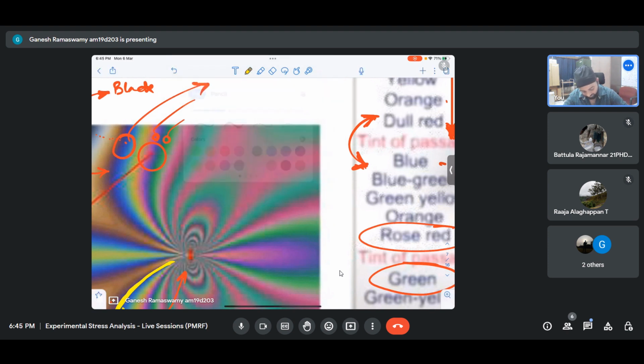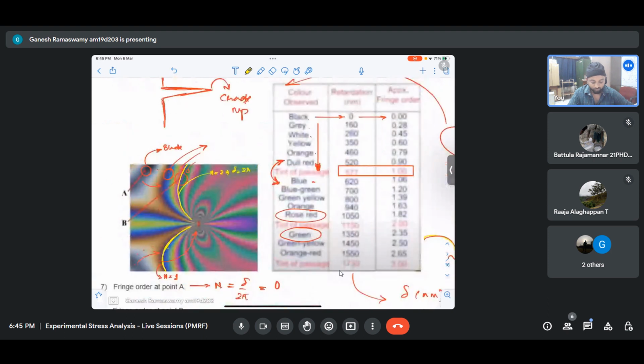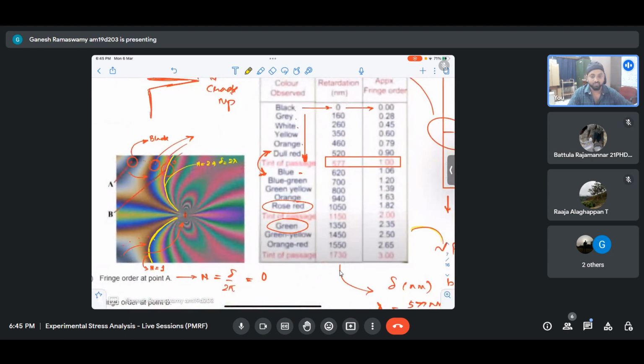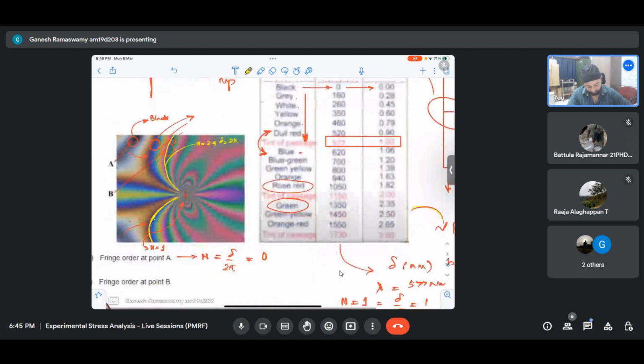Fringe order is 2, which means delta is 2 times the retardation. Whatever wavelength we are getting, 2 times of that is what the retardation is. So at point B, our fringe order is 2.